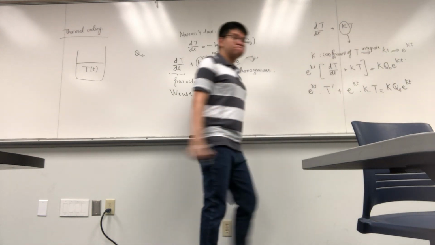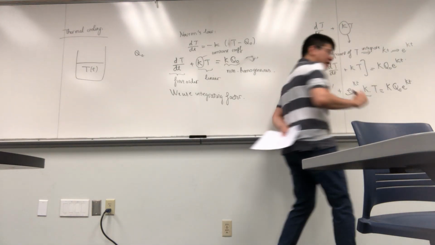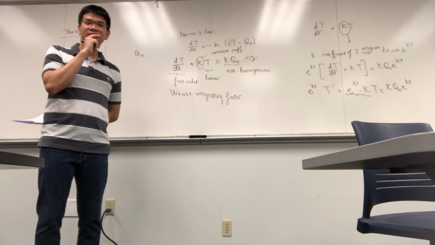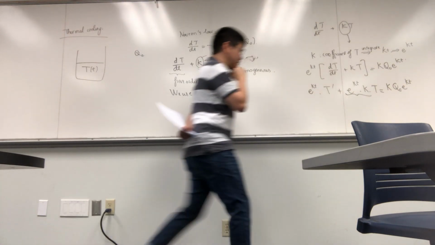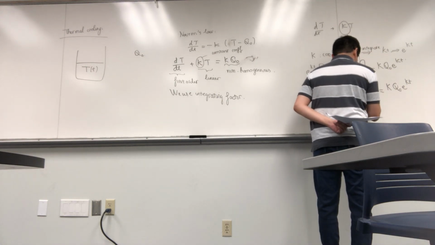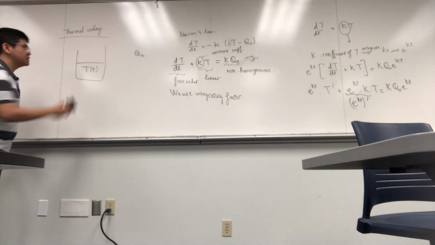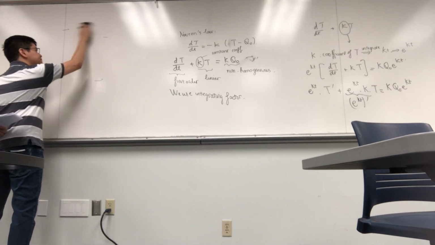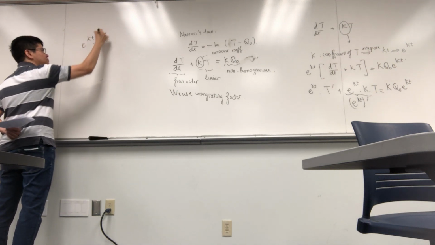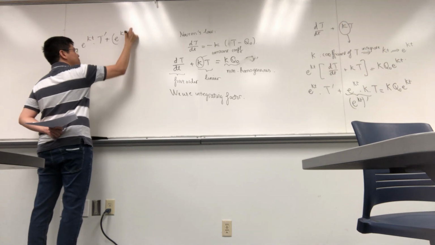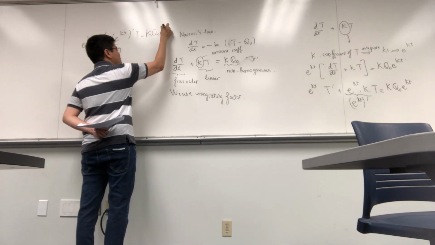All right? Now, what can I say about k times e to the kt? It's the derivative of e to the kt. So now you have e to the kt times T prime plus (e to the kt) prime times T, and this is equal to k Q0 e to the kt.